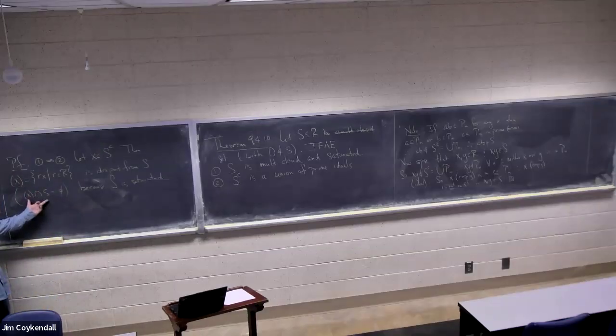Because if there's something in the ideal generated by X that is also in S, that means there's an RX that's in S. But S contains its divisors, so X actually has to be in S. So by saturation, anything here is of the form RX. If it's also in S, because S contains its divisors, it would have to contain X. And that is a contradiction because X is in the complement.